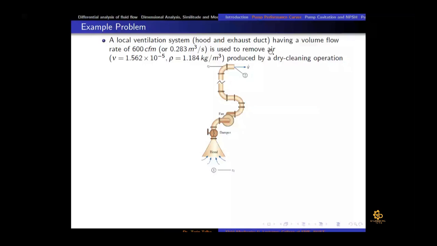Right, so there is a hood, there is a damper to control the volume flow rate, and there is a fan, which we just call a type of pump because it can also provide energy input to the system.